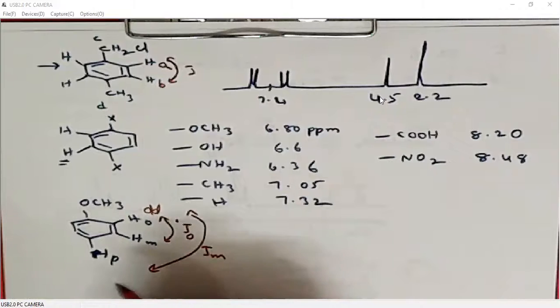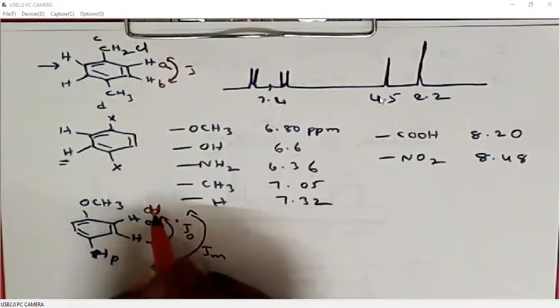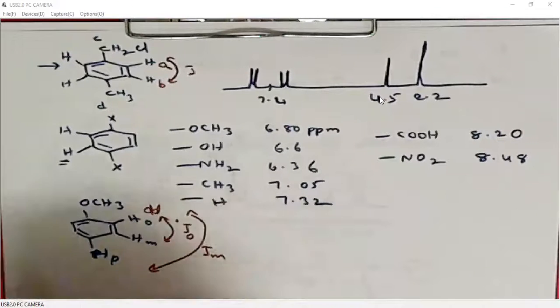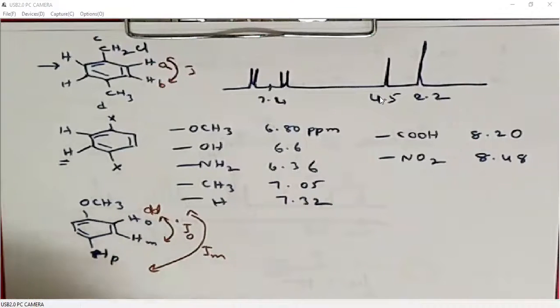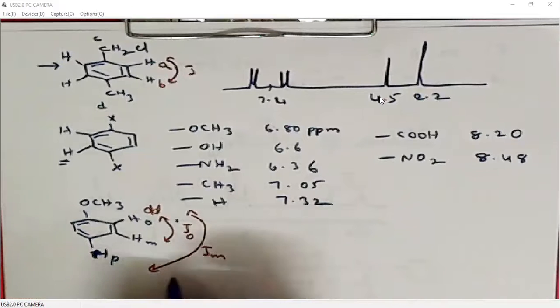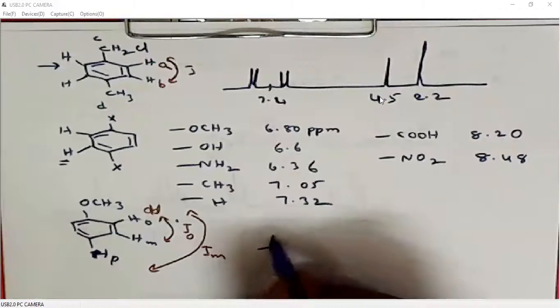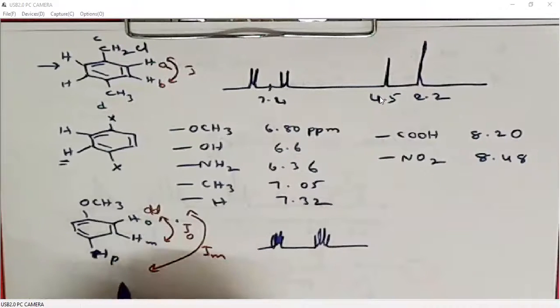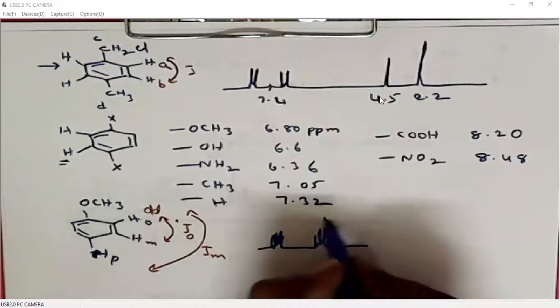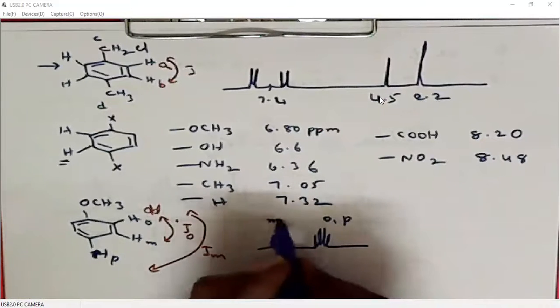In this case, we cannot identify them on a low resolution instrument, but we can identify this doublet of doublet on a high resolution instrument. So I will give you the values. Here, what is important to note is that we will get two different multiplets, one for ortho and para, one for meta.